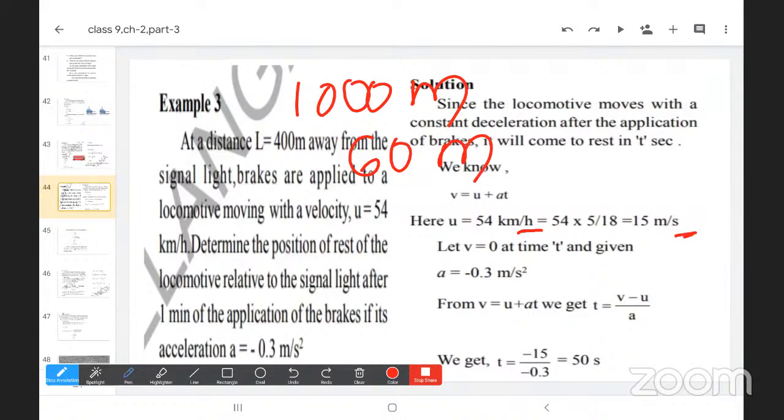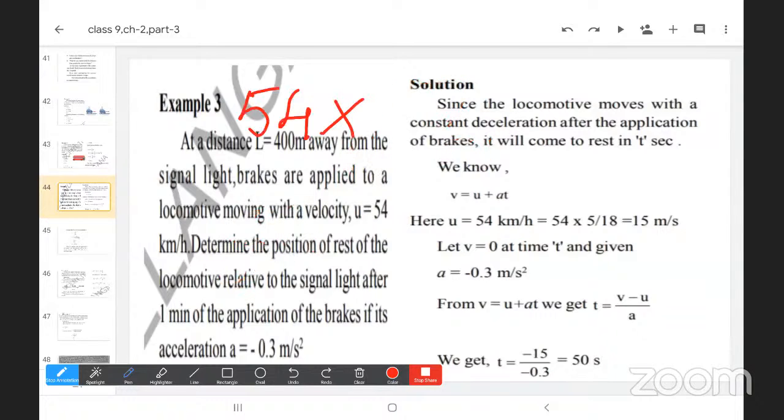So 60 minutes equals how many seconds here? That is 3600 seconds. Right? So here we need to divide these two. So 54 into 1000 by 3600, right?